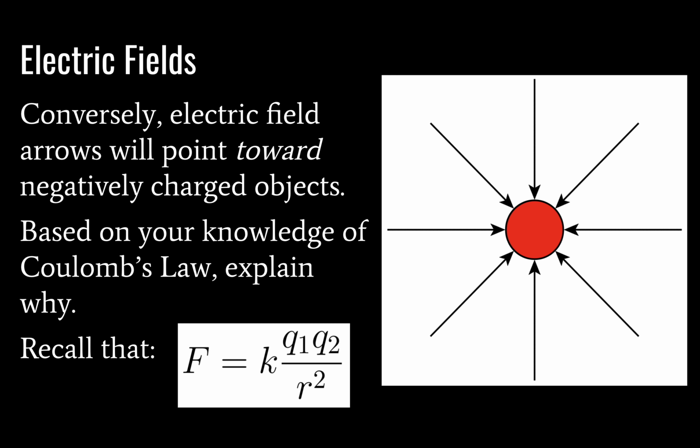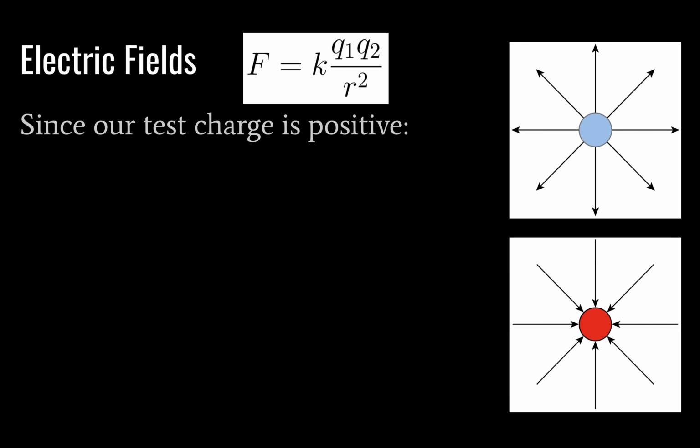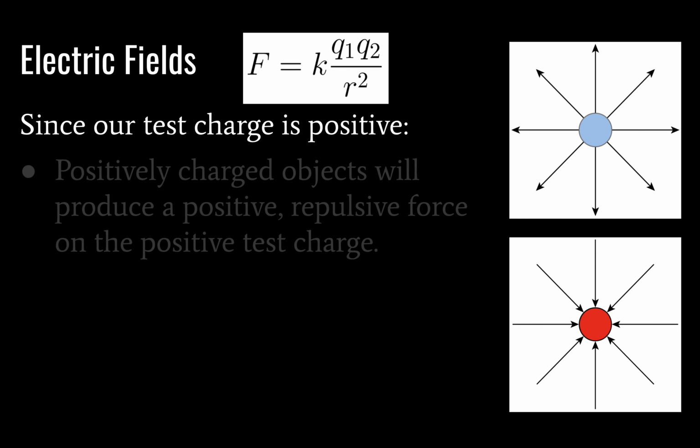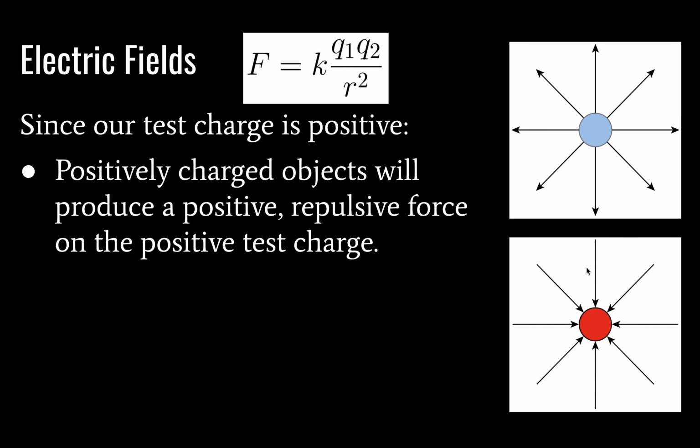Okay, video was paused, you thought it over. And the reason for this is because we have a positive test charge. So if we put a test charge at this position right here, it will be attracted to our negatively charged object in exactly the same direction as our field arrow, right? How convenient.